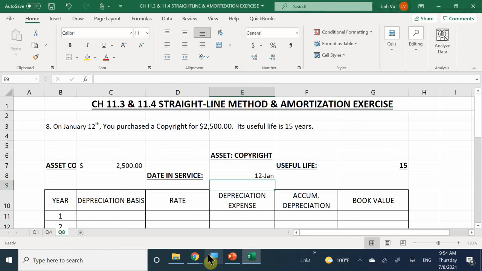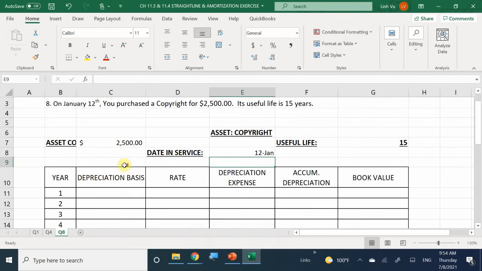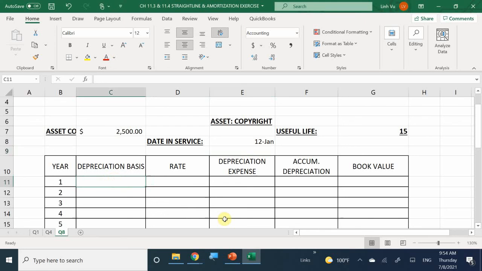So if we're doing this in context of years, when do we start depreciating? January. Okay, so let's go ahead. Everything says depreciation, except when we journalize it, it's going to be amortization. These words mean the same thing, but in context, it's just different terminology for different items. So for the first one, what's my depreciation basis going to be?